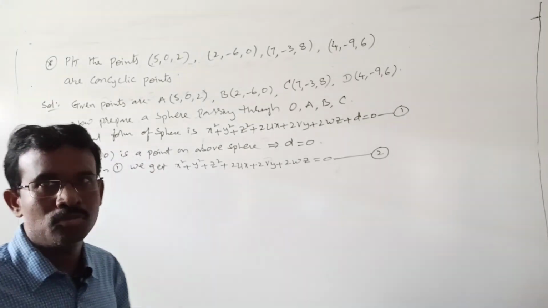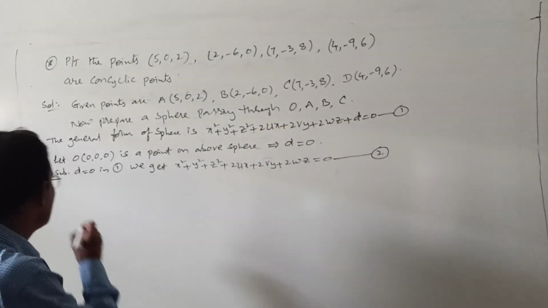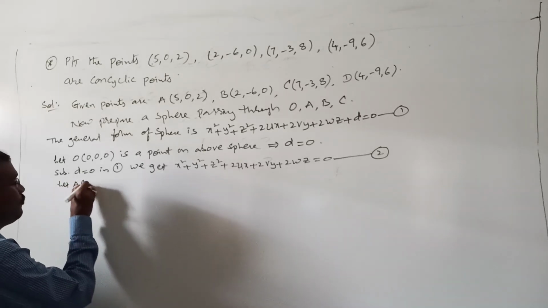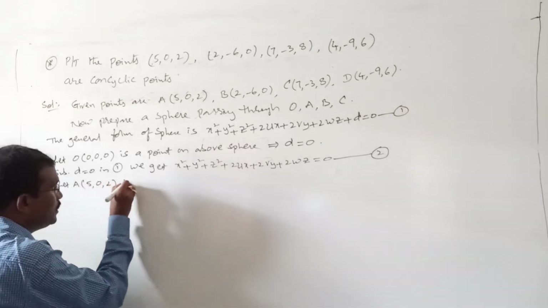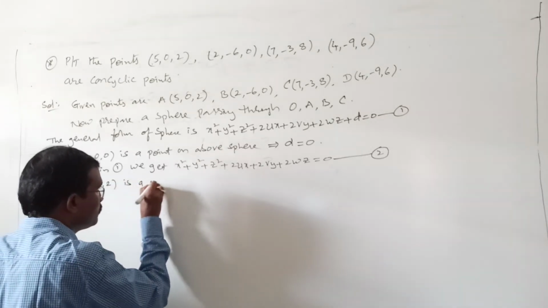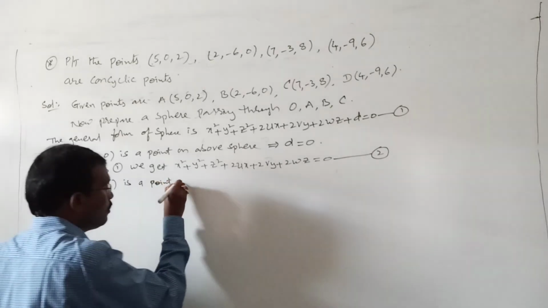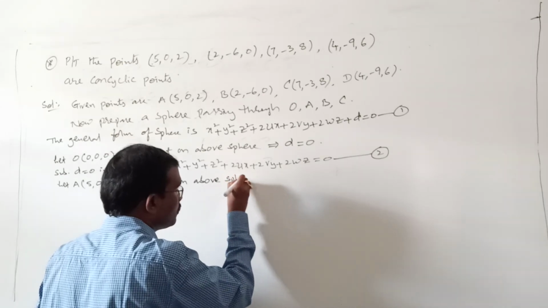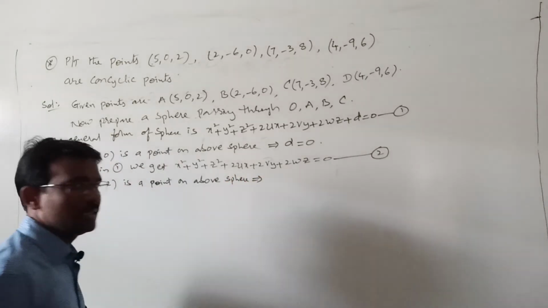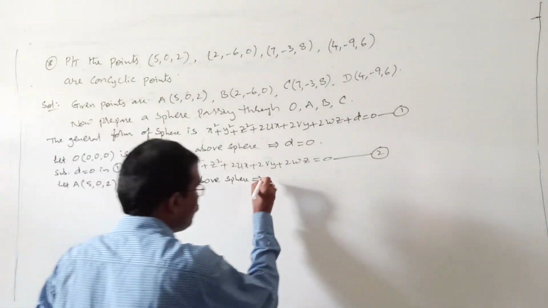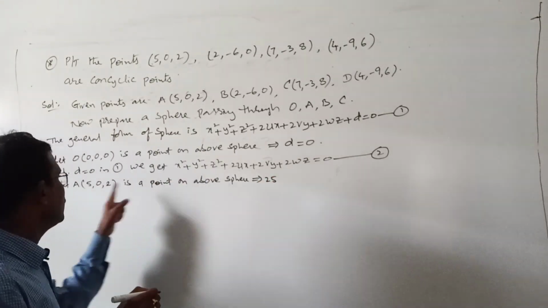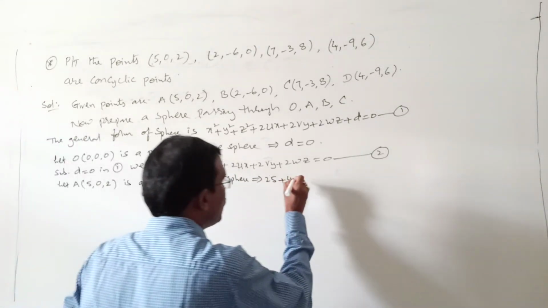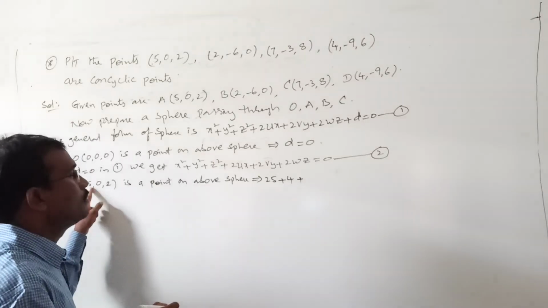That work now I am going to do. Now take this condition. Let capital A, 5 0 2 be a point on the above sphere. This implies, substitute the values. 5 means 25, already y is 0, this is plus 4, next plus x is 5, so 10u.